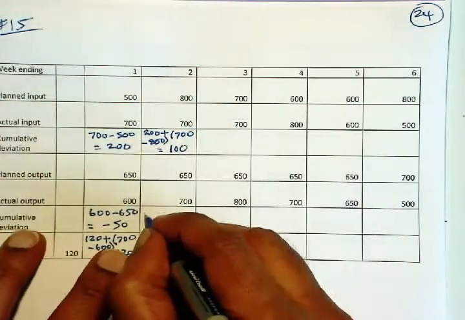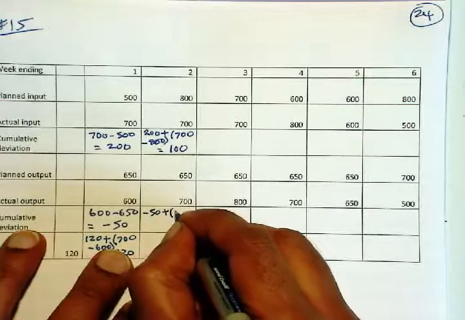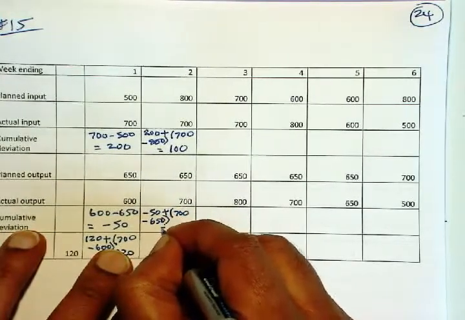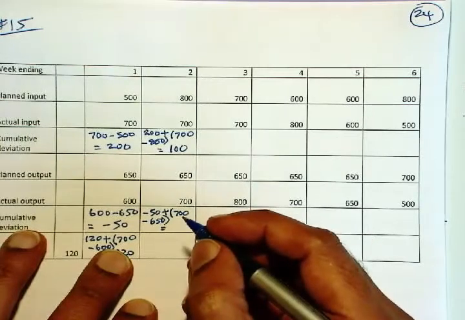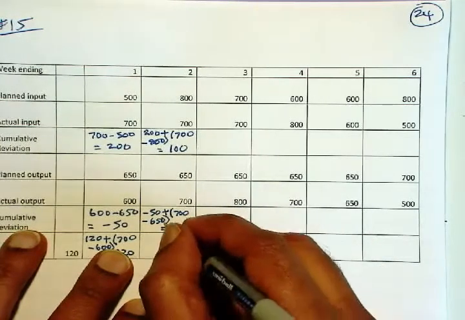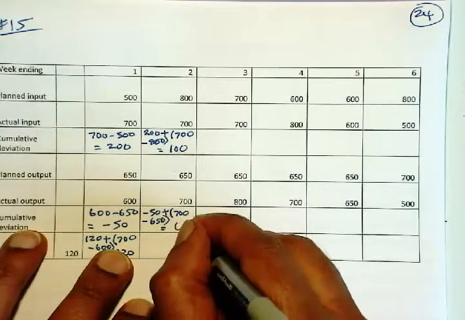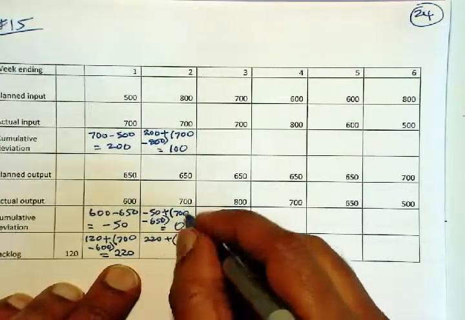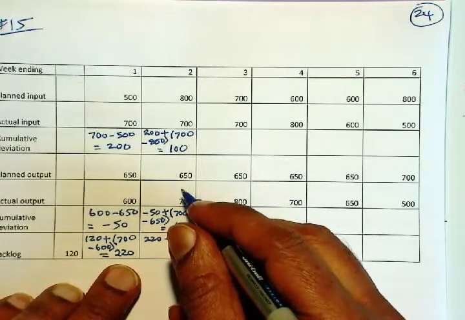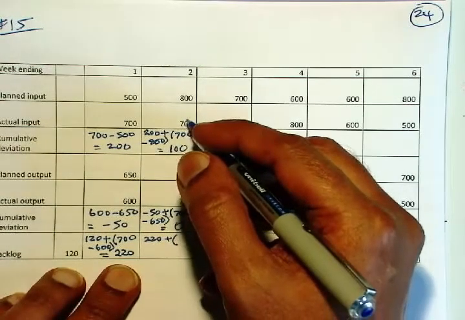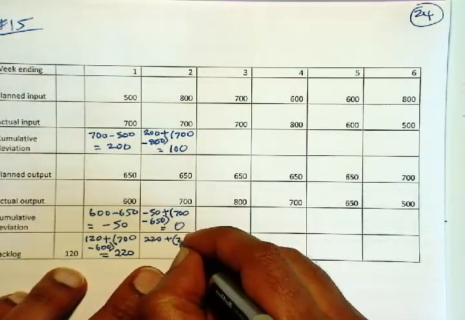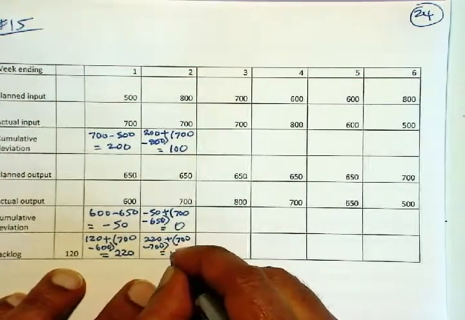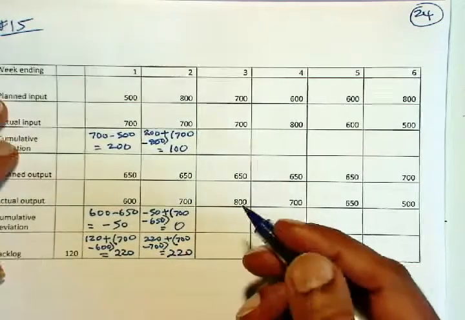Here we start with minus 50 plus 700 minus 650 will make it into 0. Then we go 220 plus the actual input minus actual output, so that will be 220.